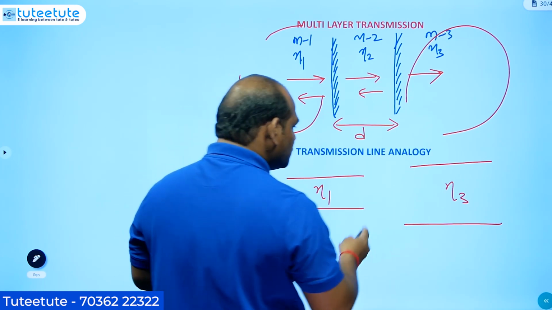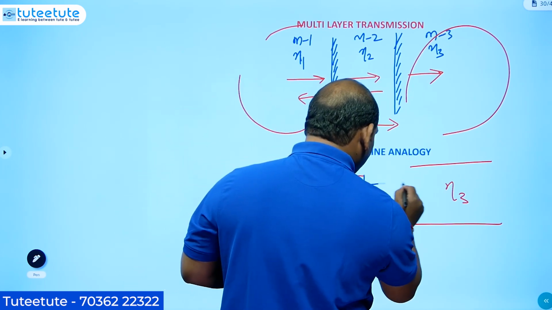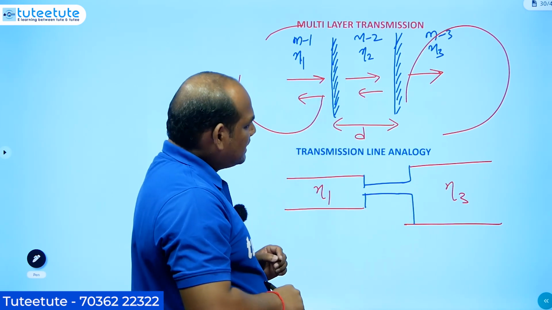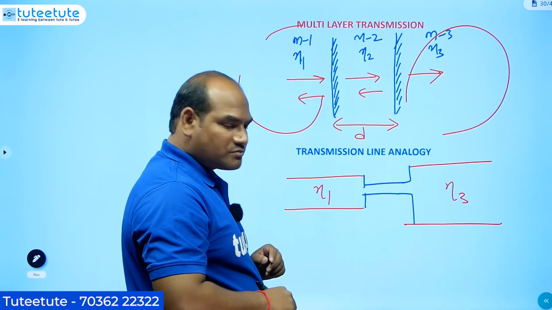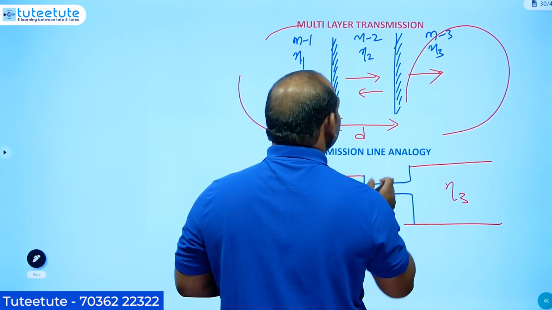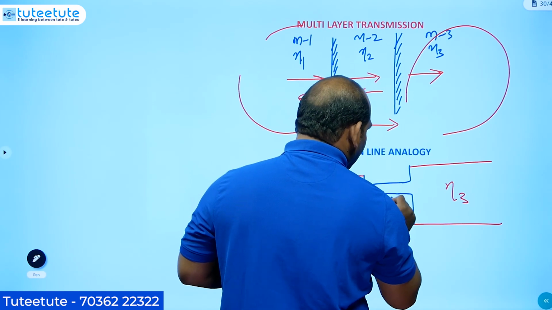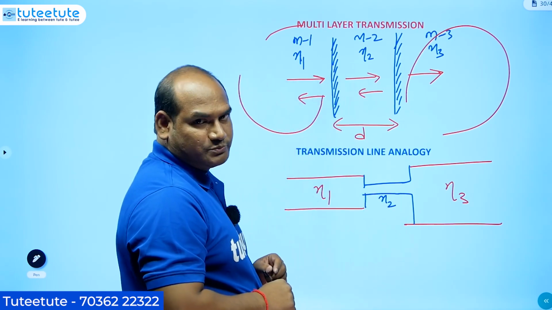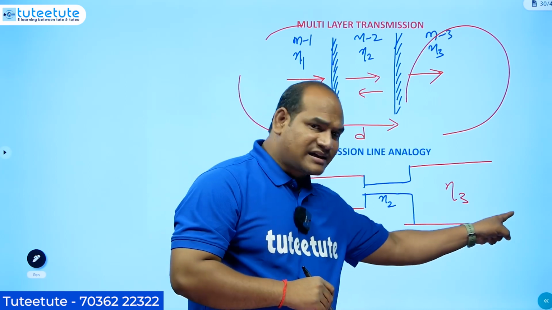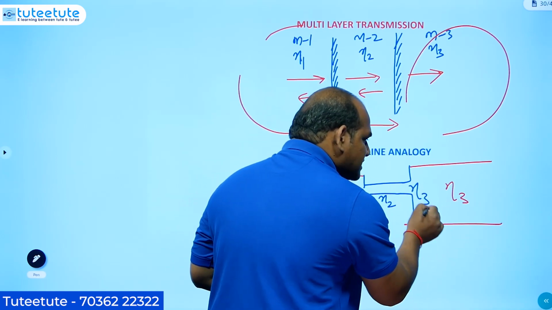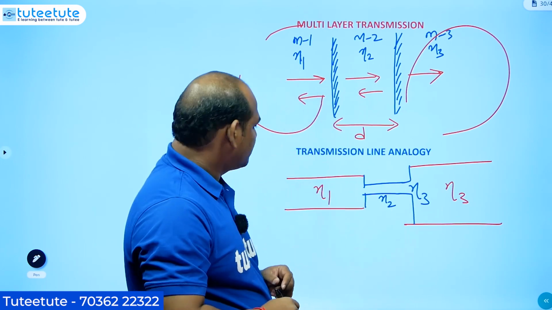In between these two, we have one more transmission line, drawn with a different height just for understanding purposes. This new transmission line, medium 2, has characteristic impedance eta 2. Because medium 3 is of infinite length, its input impedance is its characteristic impedance, eta 3.